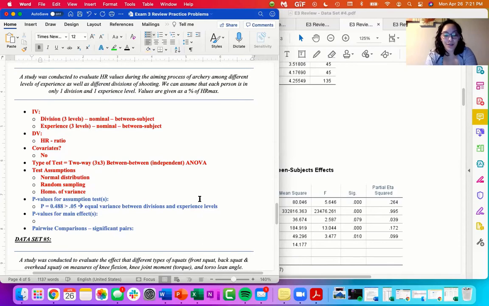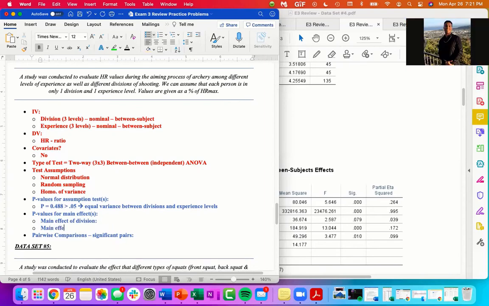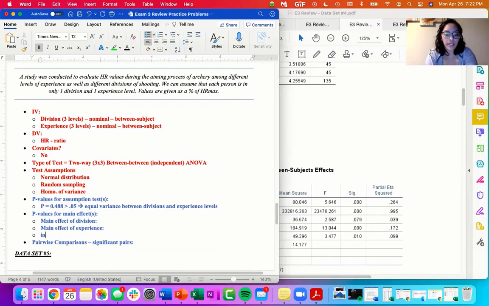So you can say 2 or 3, depending on how you want to word it. We'll have a main effect of division on heart rate, a main effect of experience on heart rate, and an interaction effect between division and experience.